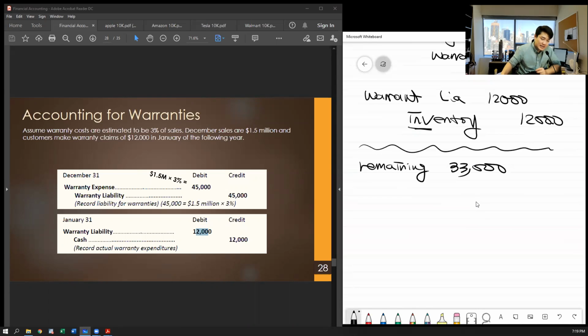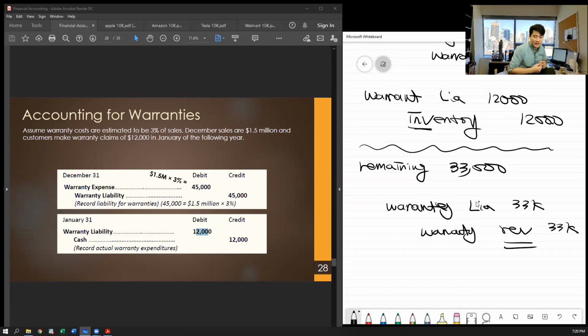What happens is that at the end of the warranty period, the company will report debit warranty liability of 33K and warranty revenue 33K.